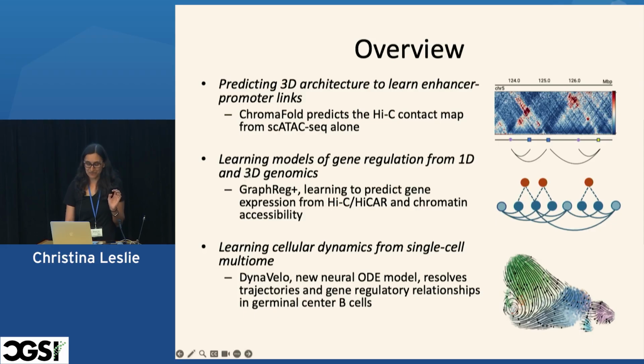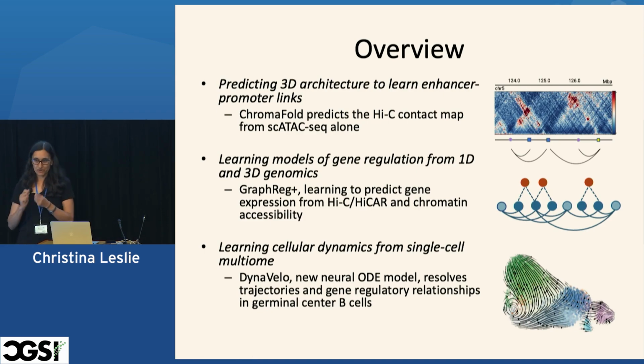Okay, and if there's time, and I'll be rushing at this point, I'm going to talk about another model where we use single-cell multiome data, so chromatin accessibility and RNA from the same cells, in a neural ODE approach to model dynamics of cells, and we're going to apply it to the germinal center reaction. Okay, so I like the model a lot, but it's probably the most complicated thing I'm going to talk about, and it's going to be at the end.